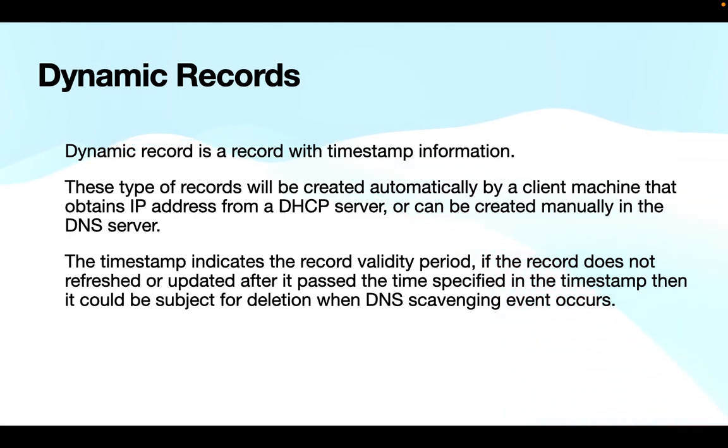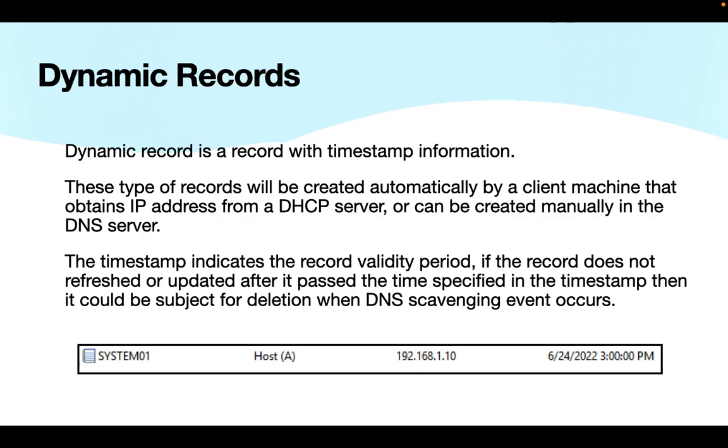The timestamp indicates, as I said, dynamically registered records will have a timestamp. Here you can see at the bottom, this system 01 has an IP address with a timestamp. This timestamp indicates the record validity period.